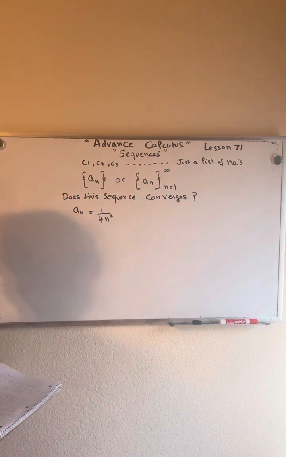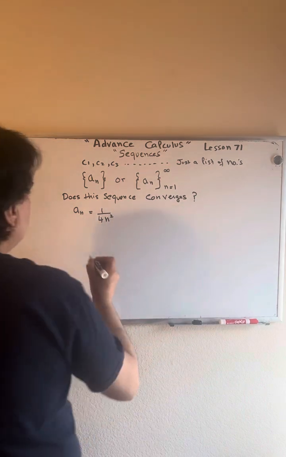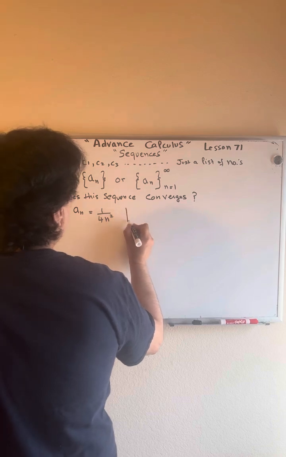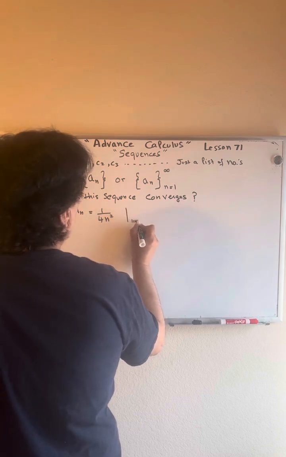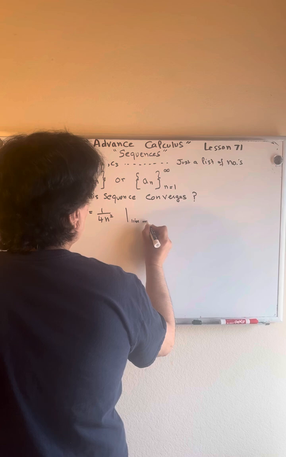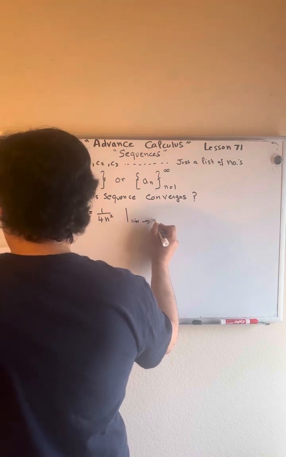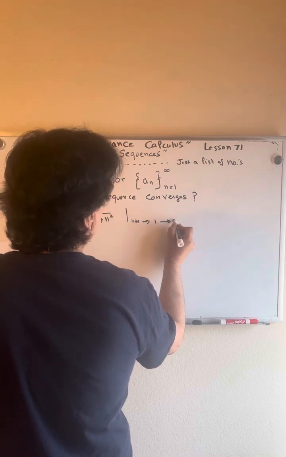All right. And then we have basically the limit as n goes from 1 to infinity.